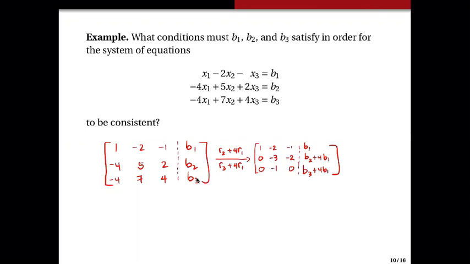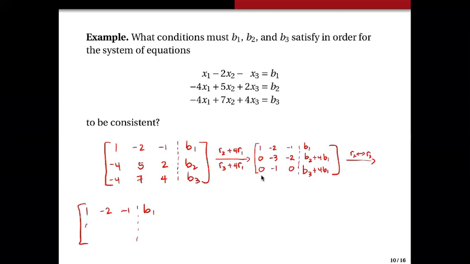And then, since this is already 0, we can just interchange the two guys here. So, we just interchange row 2 and row 3. So, we will have 1, -2, -1, B1.